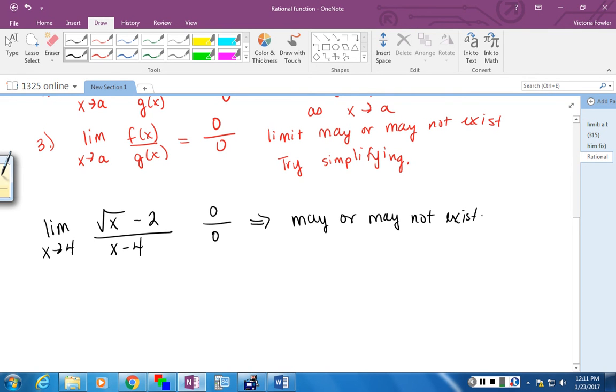Okay, so my suggestion was to try simplifying. Okay, so if I see a function here with a radical symbol, which is this symbol right here, to simplify, you should try to rationalize. So let's simplify by rationalizing.